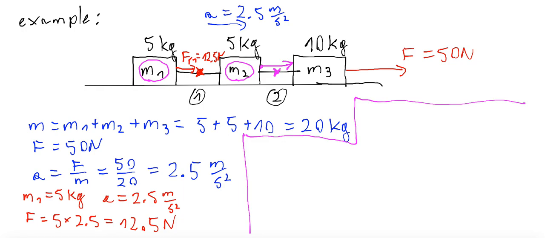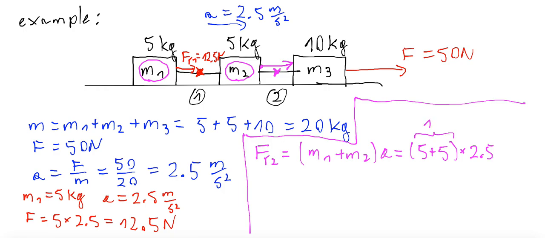So, in other words, this force Ft2 moves two masses, m1 and m2, with acceleration which is equal to 2.5 meters per second squared. So you have to add 5 plus 5, which results in 10, and multiply this by 2.5.